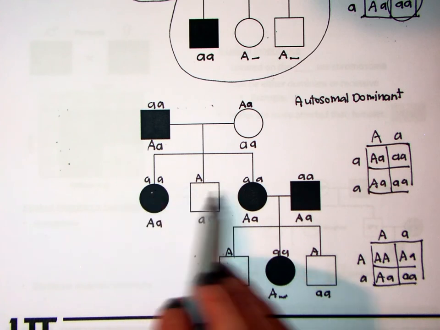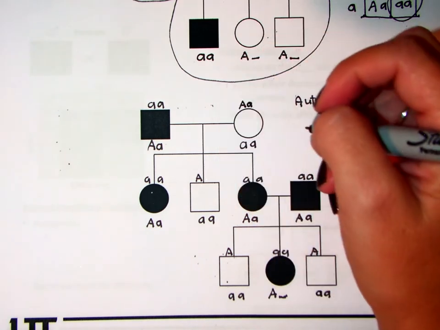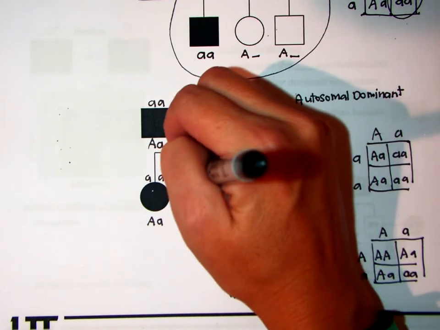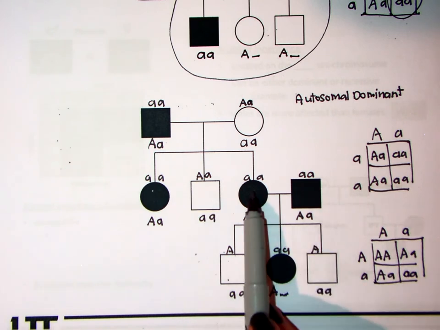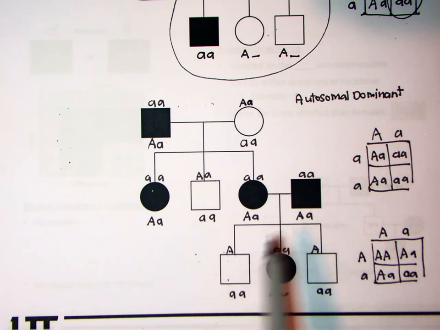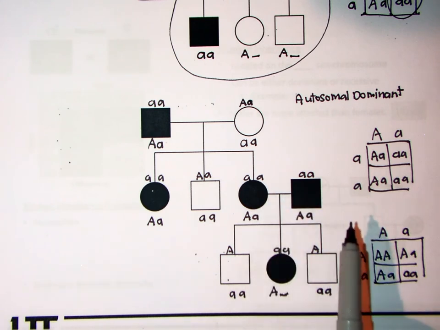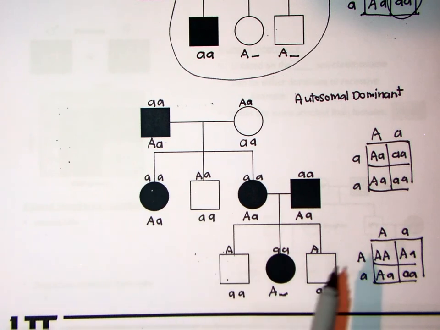Okay, so this would have to be a big A, little a. Okay, and then we have little a, and a little a here. Could they have any offspring with big A's like you see down here? No, they could not. So now we know this is not autosomal recessive, and that it's autosomal dominant.